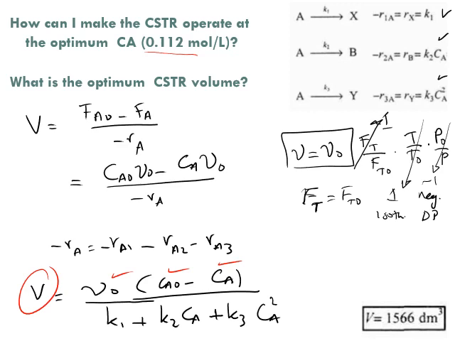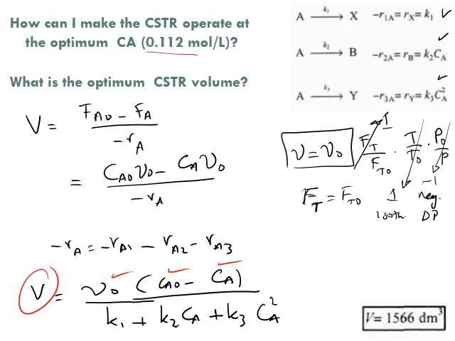Okay, very good. So now we know that the reactor should be a CSTR operated at a concentration of 0.112 mole per liter. And of course we took all the parameters to be at 300 Kelvin, right? So one would ask, if I choose a different temperature, all of the calculations that I've done so far would change, right?